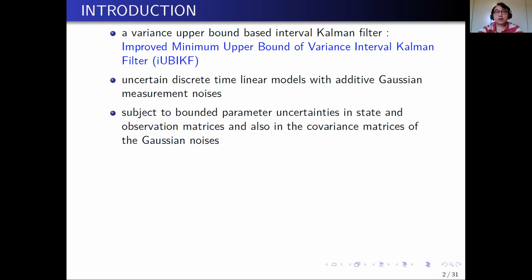The model is also subject to bounded parameter uncertainty in state and observation matrices and in the covariance matrices of the Gaussian noises. We call this context the mixed uncertainty. This is a combination between the stochastic uncertainty and the bounded uncertainty.